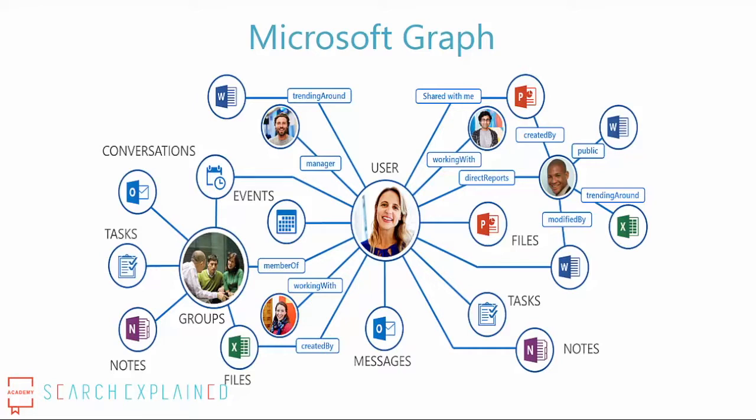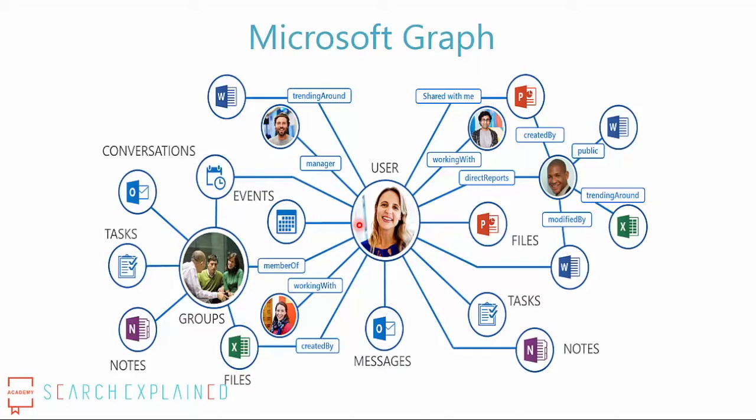Microsoft Graph is basically the API layer on the top of Office Graph, and what you have to know about it is that it is a classic graph that you used to study in school. So it has nodes, and between the nodes it has edges to represent relationships.